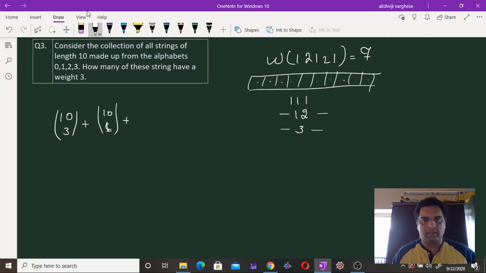Then in the case of 1 and 2, we can approach this in two different ways.